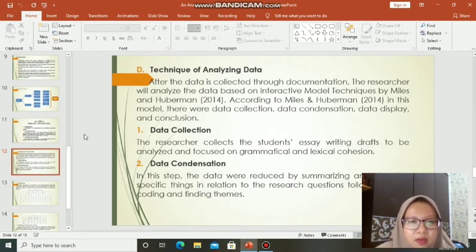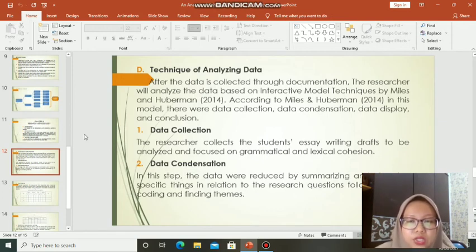And then the technique of analyzing data. After the data is collected through documentation, the researcher will analyze the data based on the interactive model technique by Miles and Huberman 2014. According to Miles and Huberman 2014, in this model, there are data collection, data condensation, data display, and the last, conclusion.